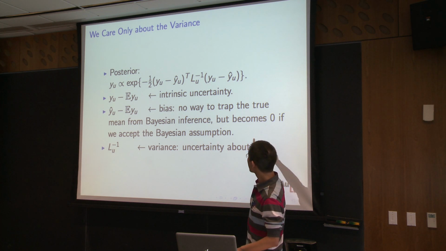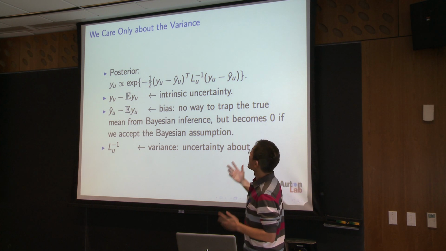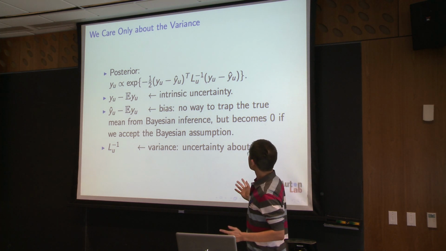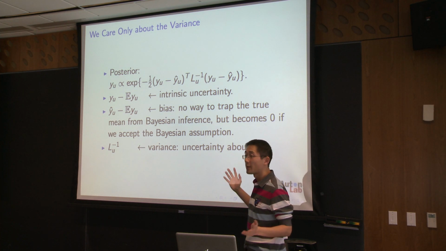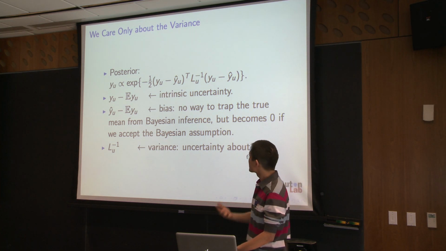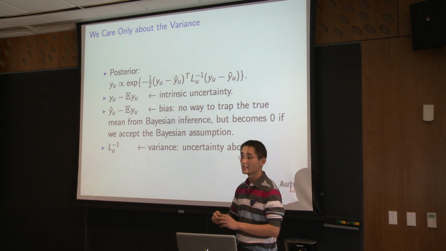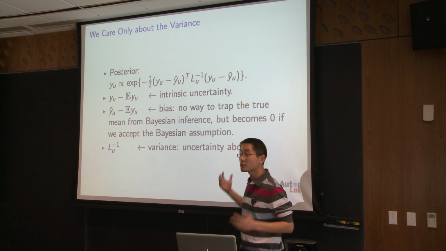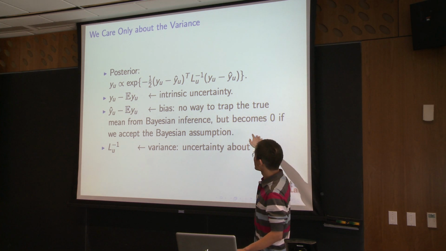And there's also this bias, and because Gaussian random field is a Bayesian inference model, there's really no way to track the true mean from a Bayesian inference model. However, if we accept the Bayesian assumption, we accept that all the nodes are generated in the way we described, then this will naturally be 0.